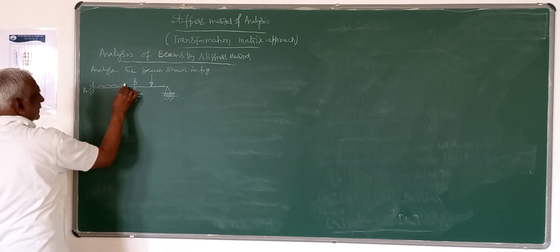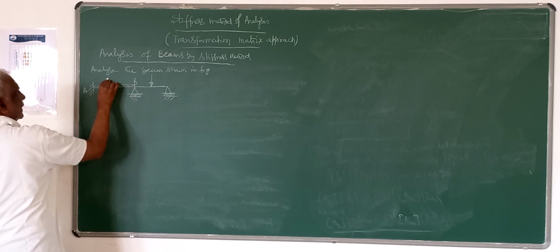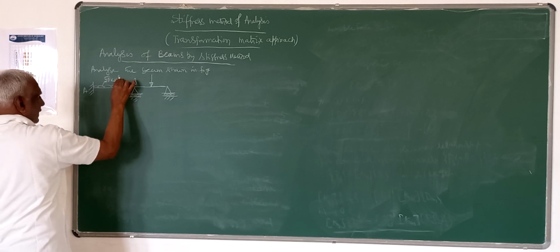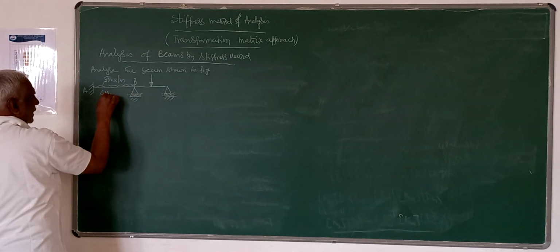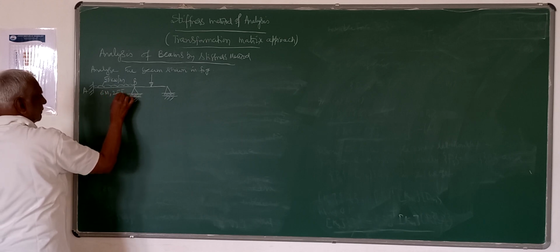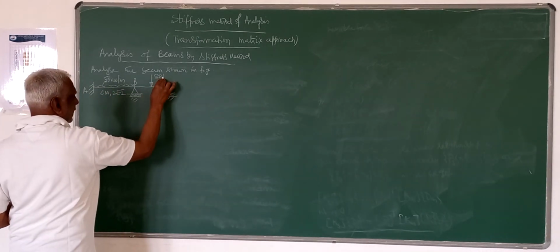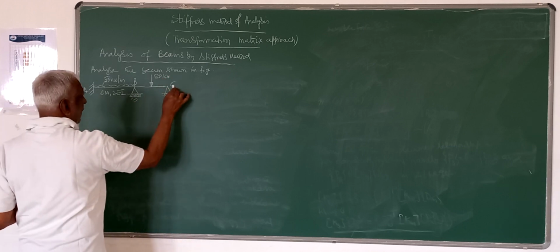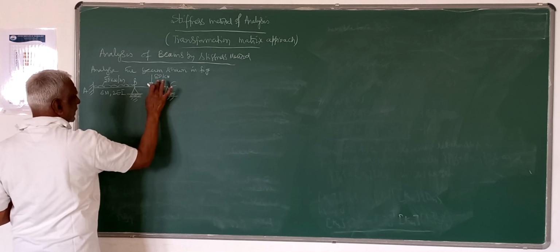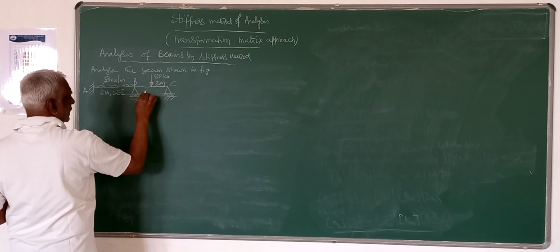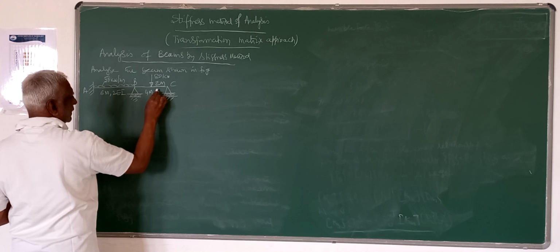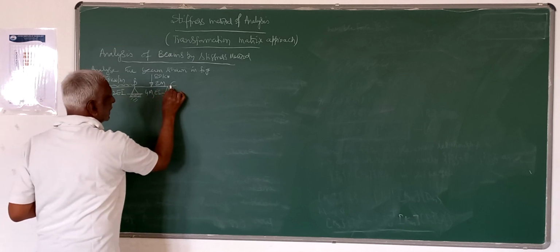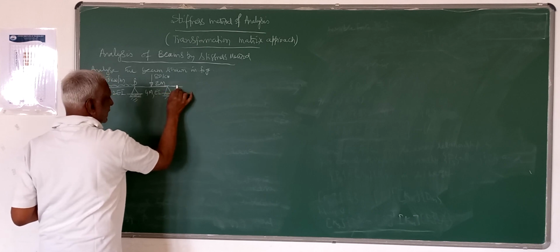It is subjected to a uniformly distributed load of 50 kilonewton per meter on span AB and a central concentrated load of 80 kilonewtons on span BC, in this fashion. And of course, there will be an overhang also in this beam.